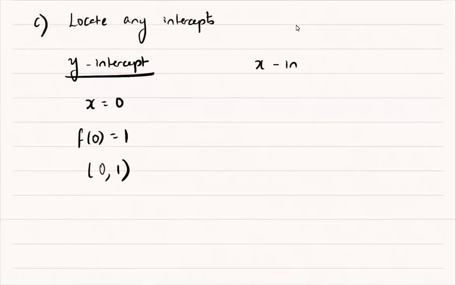However, to find the x-intercept, because a function can have more than one x-intercept, we have to see a couple of things, right? So the first thing I will do is, to find the x-intercept, I have to set the y equal to 0 or f of x is equal to 0. But what I need to do is, I have to do this for both pieces of the function.